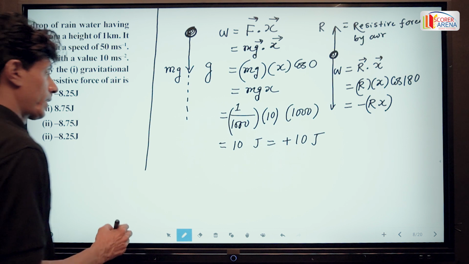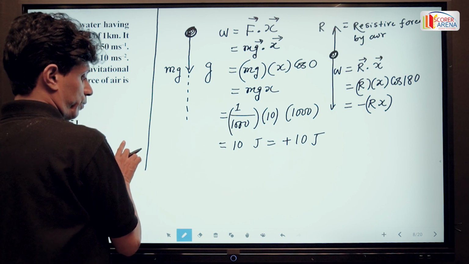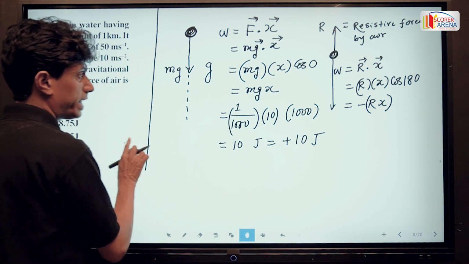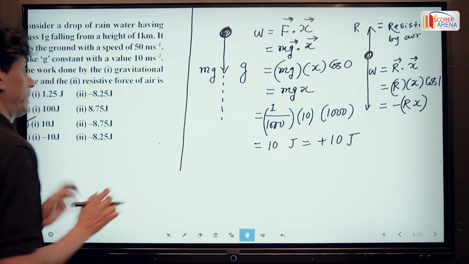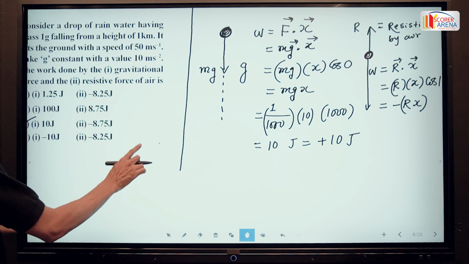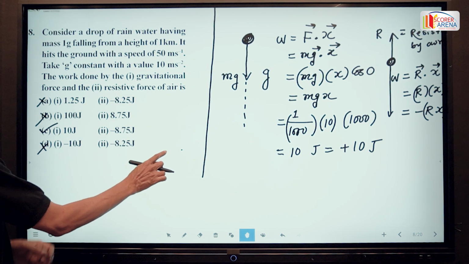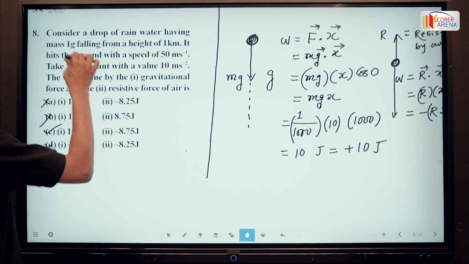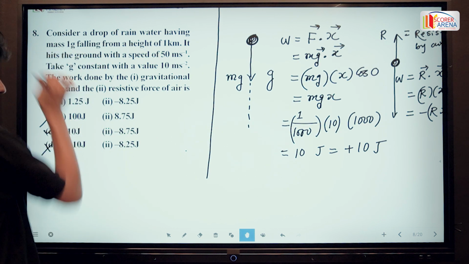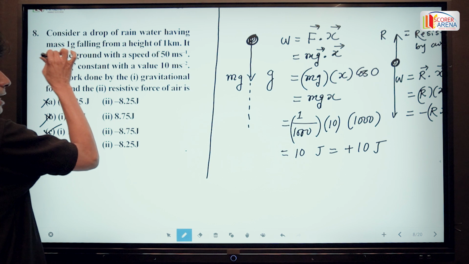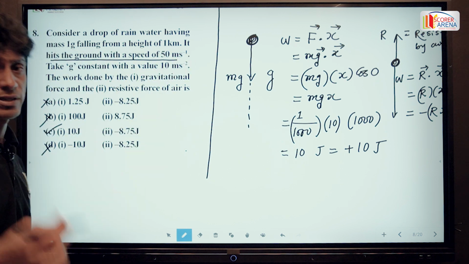Here we have to find the kinetic energy. What is the kinetic energy? In the problem, the body hits the ground with a speed of 50 meter per second.